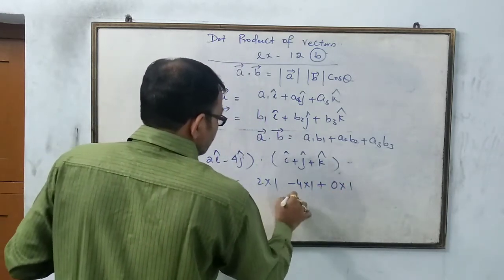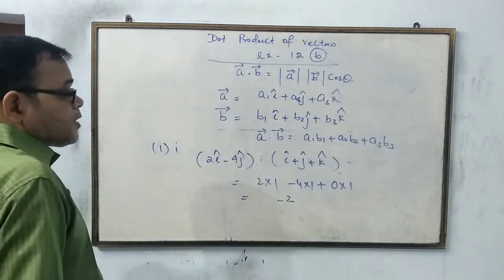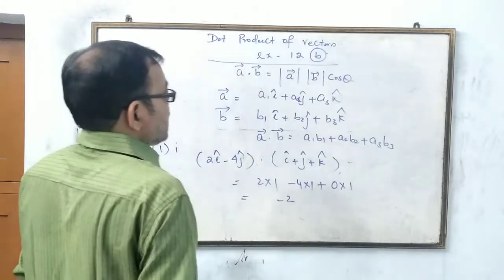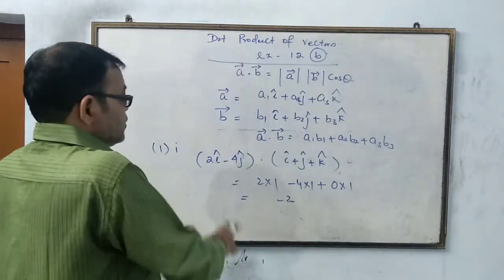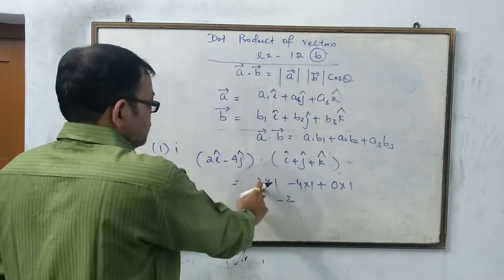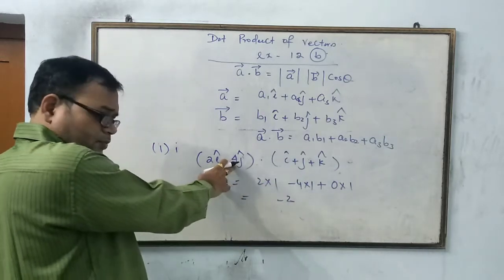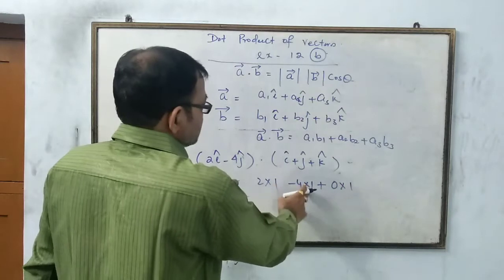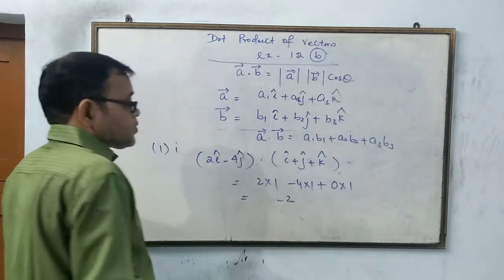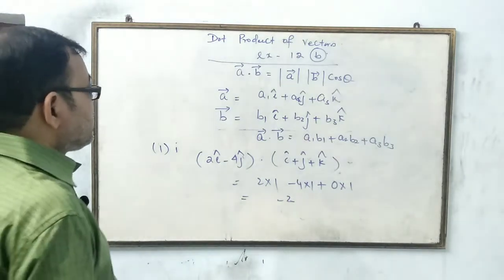So 2 minus 4, it is minus 2. Always remember, the dot product of vectors will be a number only. So the answer will be minus 2.